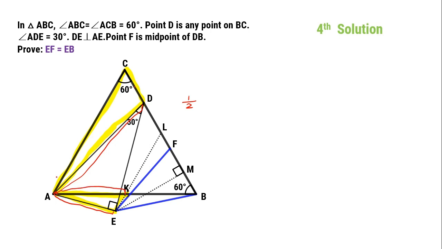AK over AC also is 1/2, because point K is the midpoint of AB. So we get EA over AD equals AK over AC.